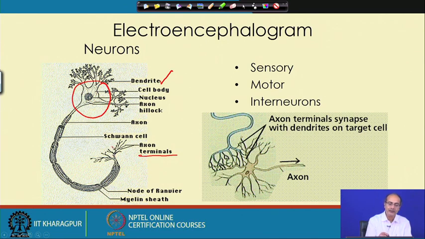So, axon terminals act as a transmitter, giving the signal to the next part.